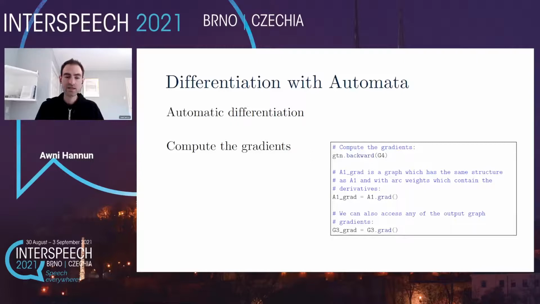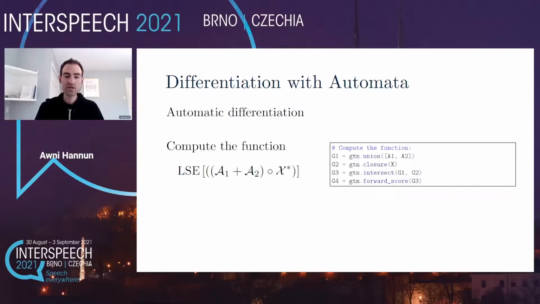And now if we want to access them, well, for any graph for which the gradient was requested to be calculated, such as A1 or A2, we can access its grad method, and that will return the gradient. Also, for any of these intermediate graphs, we can access the grad method.